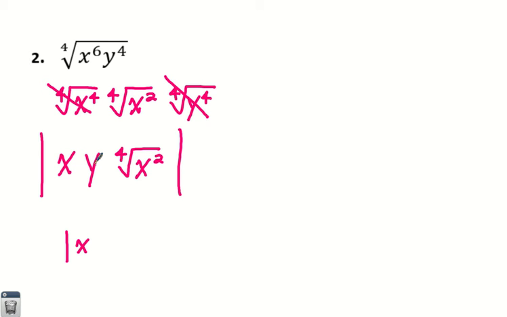Again, not to repeat myself too much, but with an even root, your final answer needs to be positive no matter what. So I think we definitely need that inside of absolute value. But long story short, we're not going to need that. And again, we could have stopped here and we would have been fine.